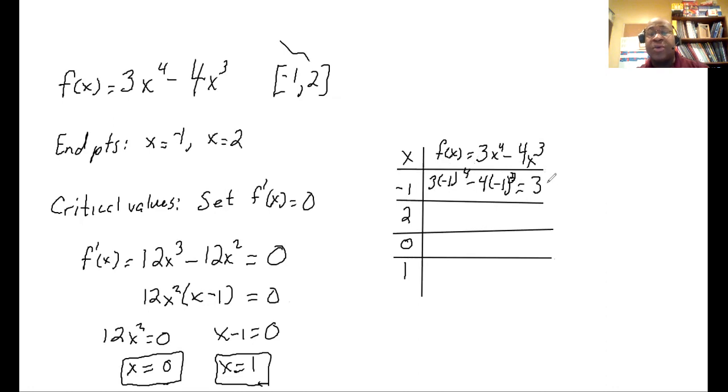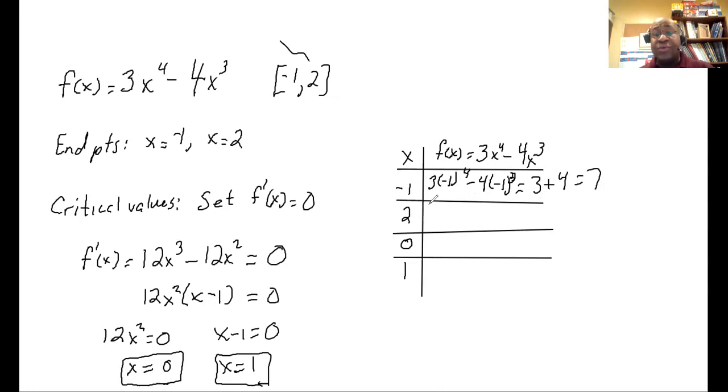So that'll give us 3 plus 4, which is equal to 7. So when x is -1, f of x is going to be equal to +7.